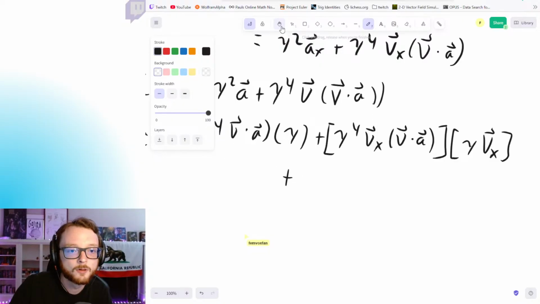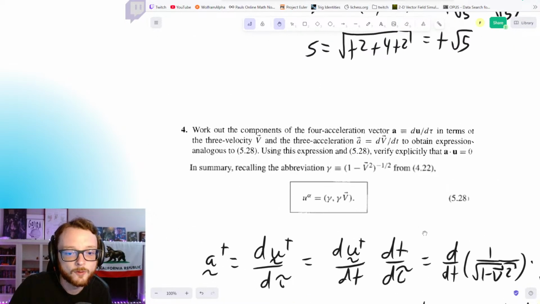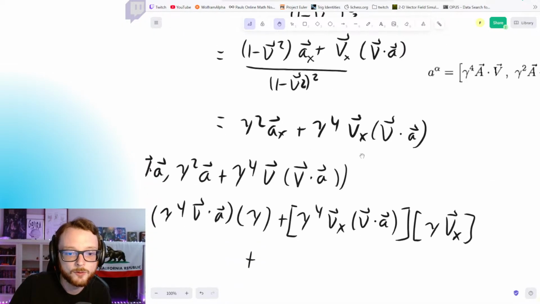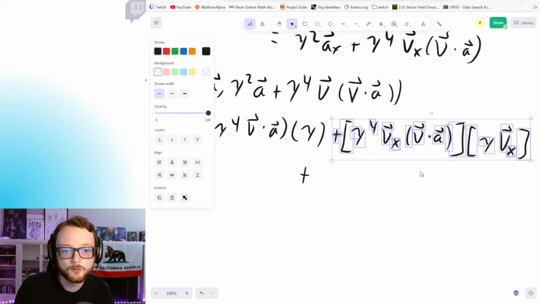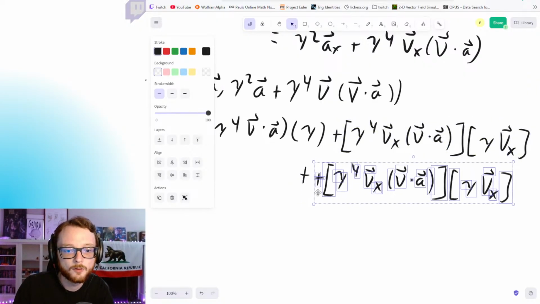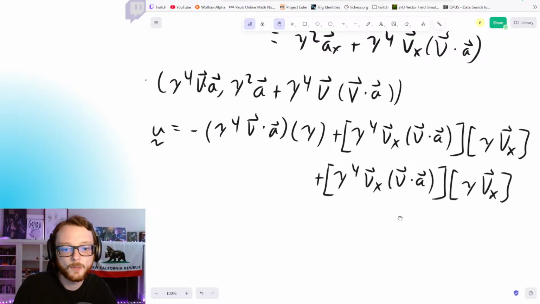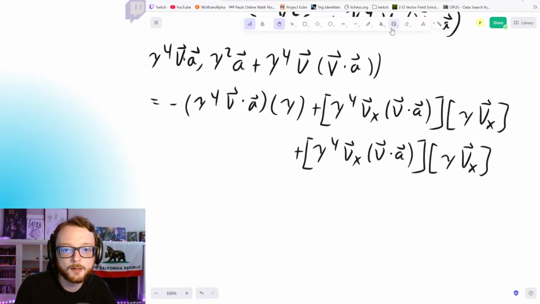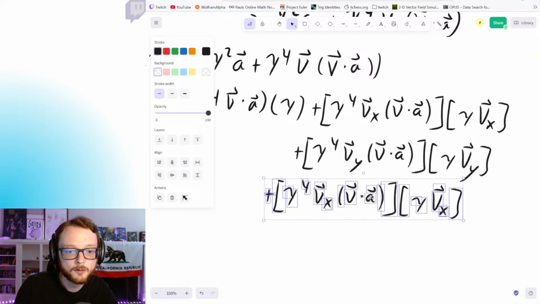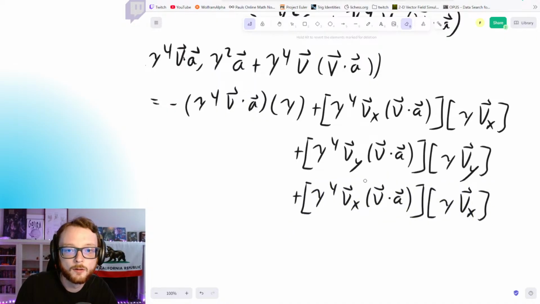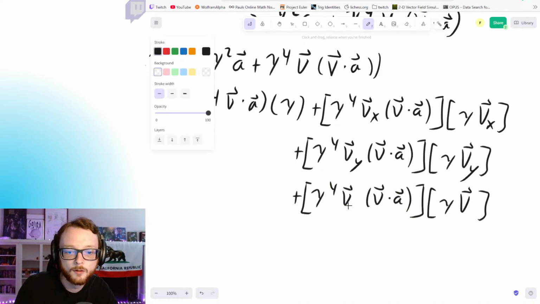Actually, just gamma v for each of the v components. Okay, so then we're going to get y, z z.